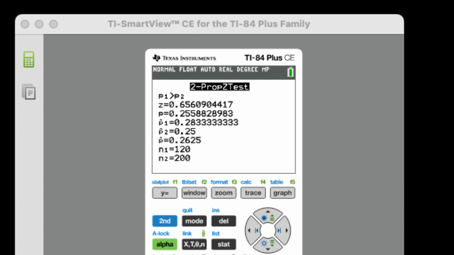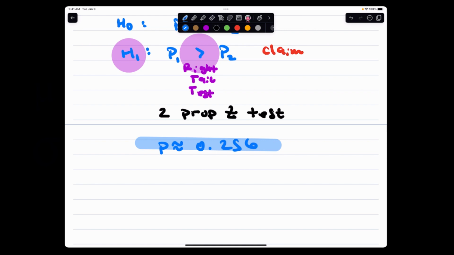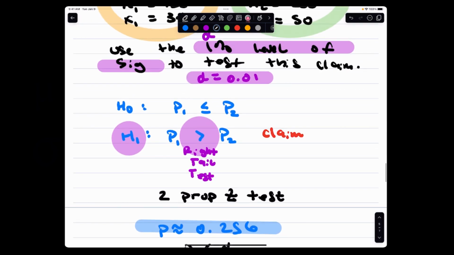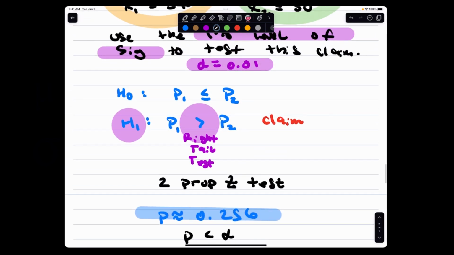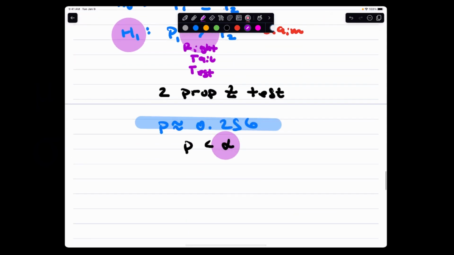Is the p-value low? Well, it's certainly not lower than the level of significance, because the level of significance is 1%. That's a very sensitive test. So the 25.6% is not lower than the 1%.